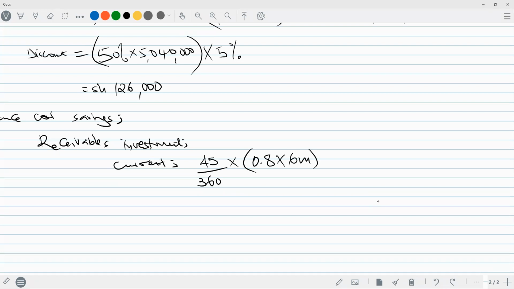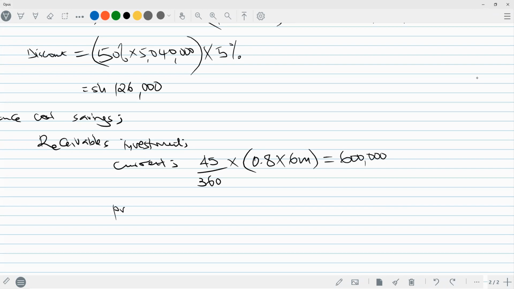Therefore, the current investment the company is making towards their customers is equal to how much? To give us 600,000, that's the company's current investment towards their current sales.